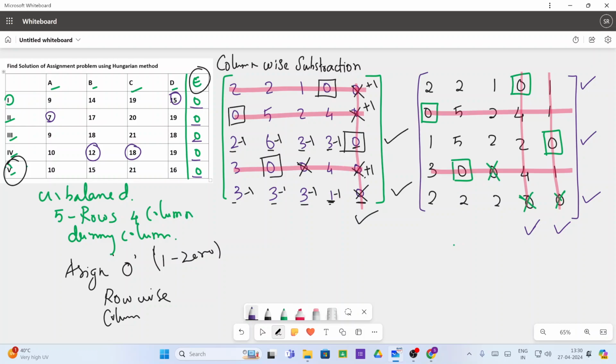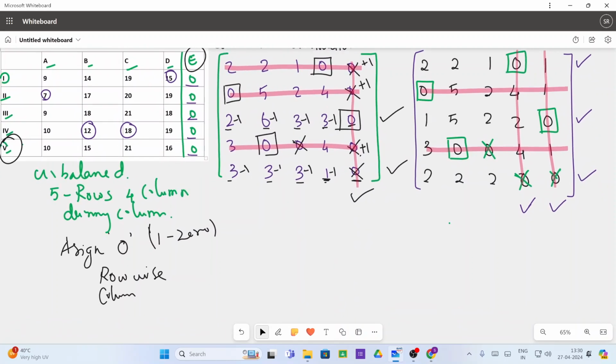Okay, so the next step is, in the remaining values you have to take the minimum value. In the remaining, the minimum value is 1, and you have to subtract it from all the other values.